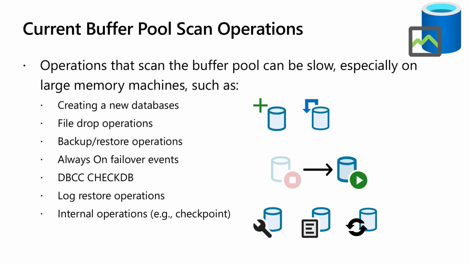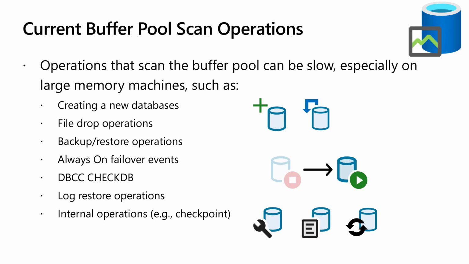So you may be wondering, what makes these buffer pool scan operations appear to be slower than expected? The reason for this overhead is that scanning the buffer pool in SQL Server 2019 and earlier releases was always a serial operation. And the larger the machine, the greater the impact. It doesn't matter about the size of the operation, the impact can be seen even on creating a new empty database.